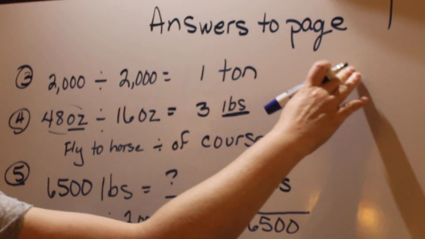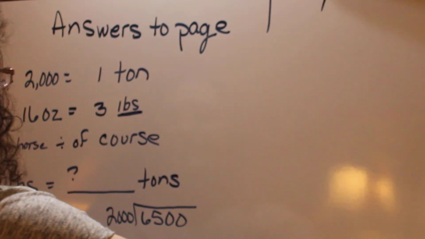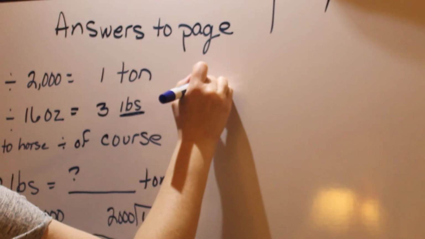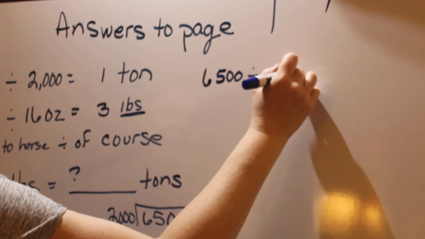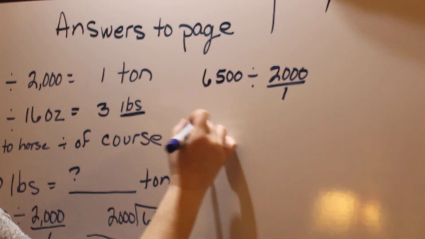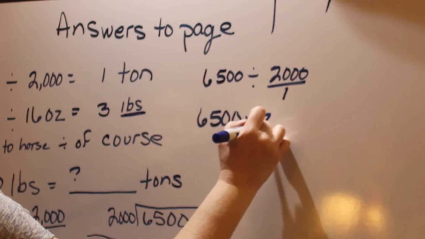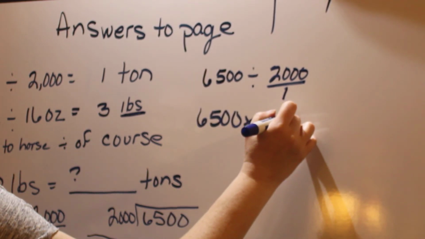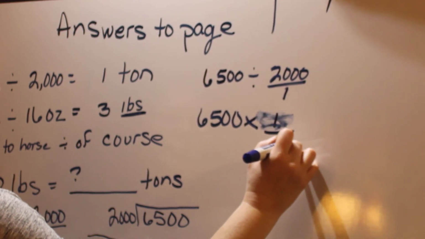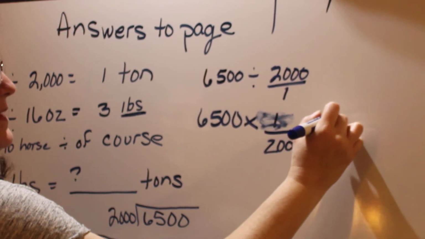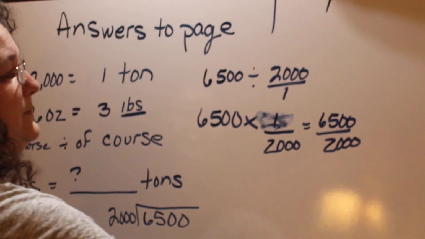I'm going to have to go up here because I'm running out of space. If I make this a fraction, doesn't this give me 65,000 over 2,000?